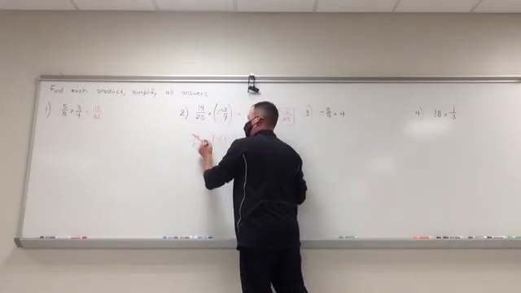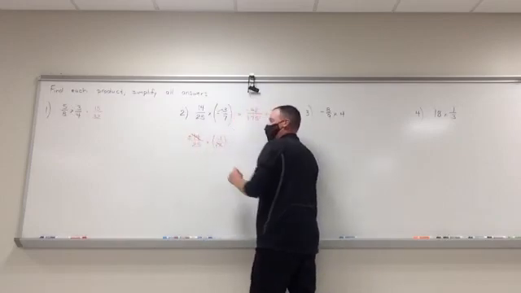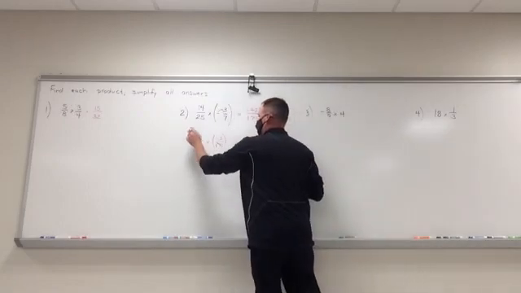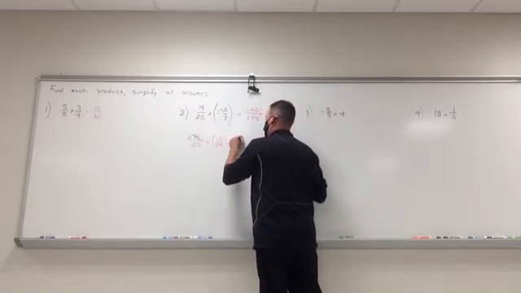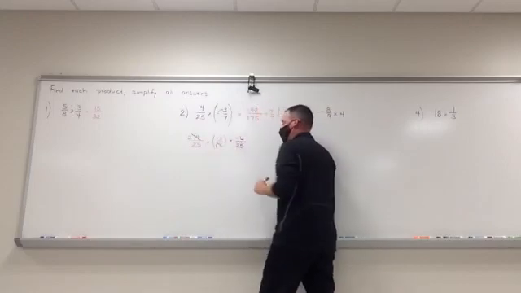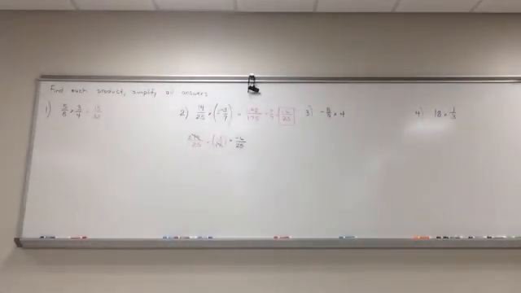So 14 divided by 7 would be 2. 7 divided by 7 would be 1. Now, when I go ahead and multiply straight across, 2 times negative 3 is negative 6. 25 times 1 is 25. There is my reduced answer. Again, I'm not going to tell you one way or the other, but I think for most students, reducing prior to multiplying keeps the numbers smaller, makes it easier to reduce.